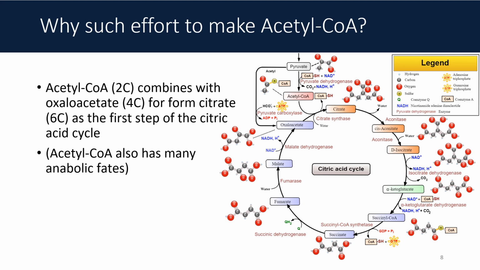And shown in this figure, we have an overview of that process, where we combine a 2-carbon acetyl-CoA unit with a 4-carbon oxaloacetate, and the product of that is the titular 6-carbon citrate molecule of the citric acid cycle.